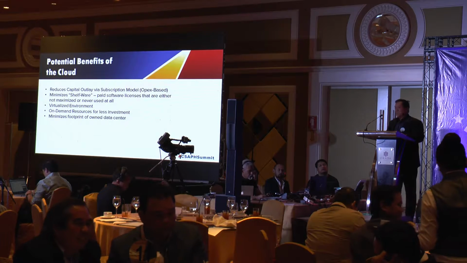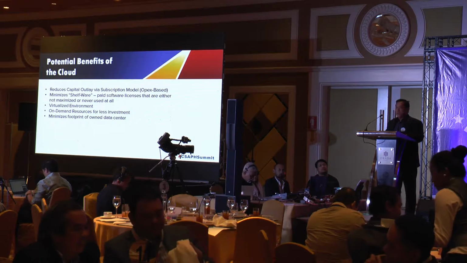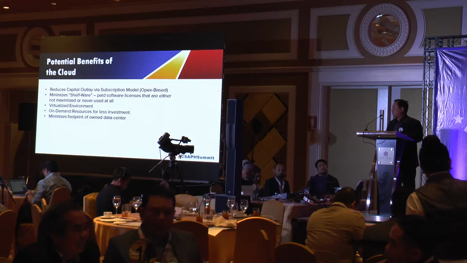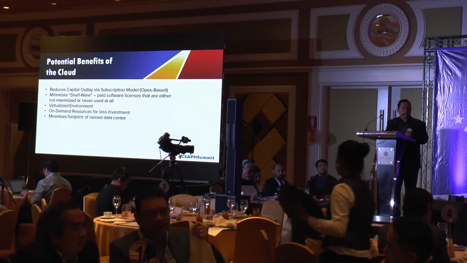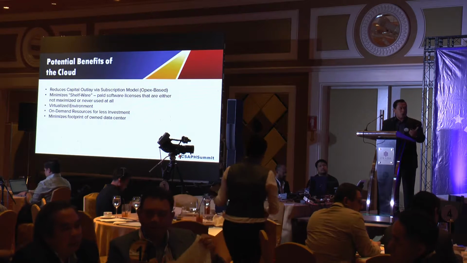It also helps us, as part of the realized benefits, to rationalize the footprint in terms of space. Because whenever you put up an on-premise data center setup, you utilize space.